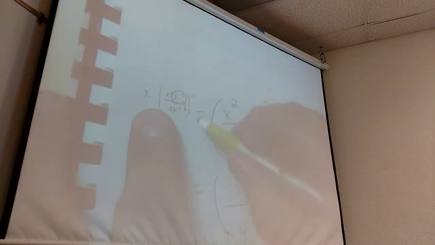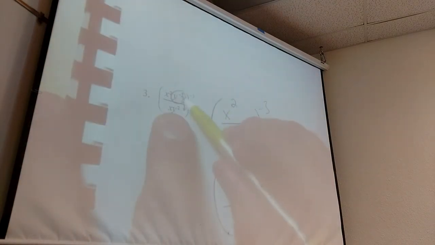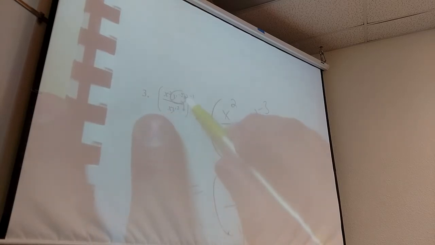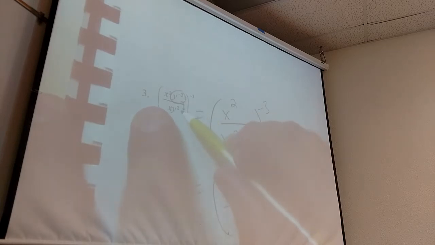Yeah. So there are multiple ways to do this problem. Let me just focus on the y's for a second. What do you do to the powers when you divide? Subtract. Negative 2 minus 2 is negative 4. Do you see already, you're trying to do all this negative stuff in your head, and as a human being, it's easy to make a mistake with that.